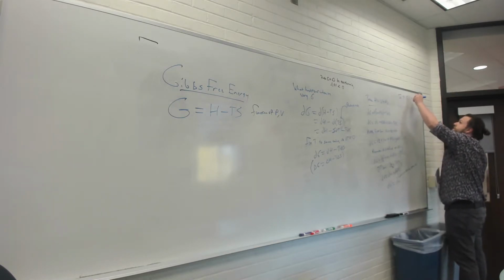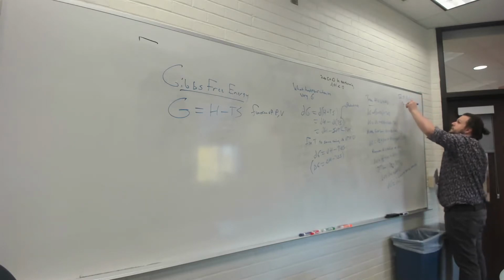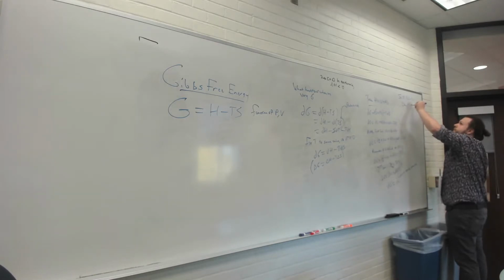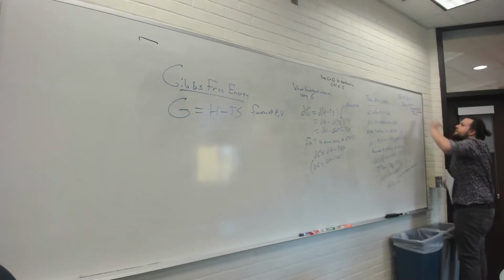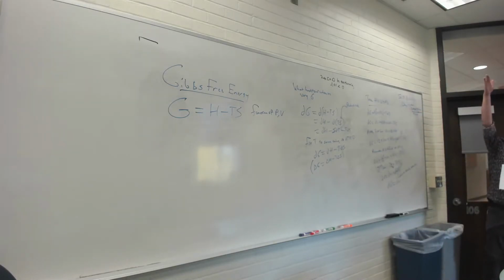delta G is less than 0, then delta work, reversible work, is less than 0, which means the system performs work in a spontaneous process. Right? The system puts out energy.